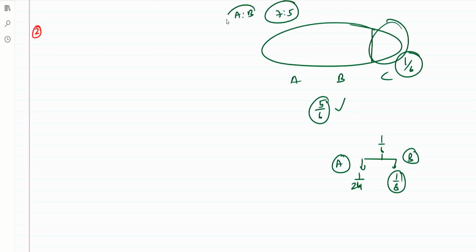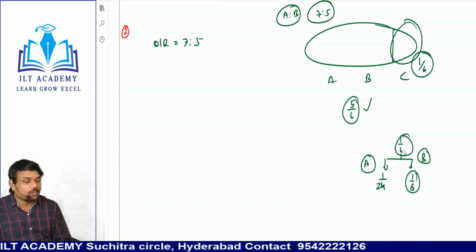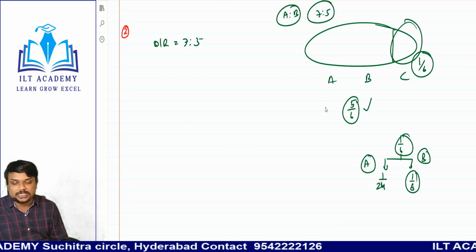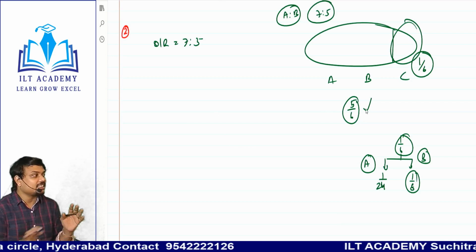A is to B का old ratio था, so old ratio is equal to 7:5. Clear? Now new partner is admitted for what, 1/6. So 1 minus 1/6 will be 5/6, but वो नहीं करने का जरूरत है. Now this is totally easy, simple.